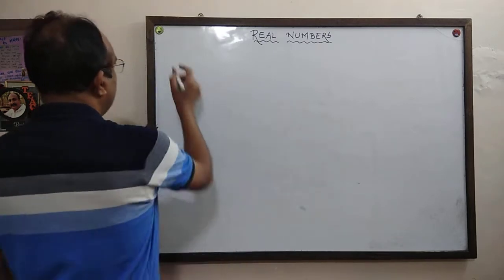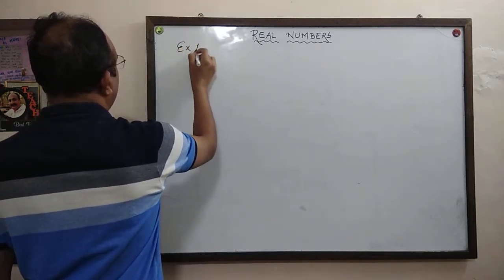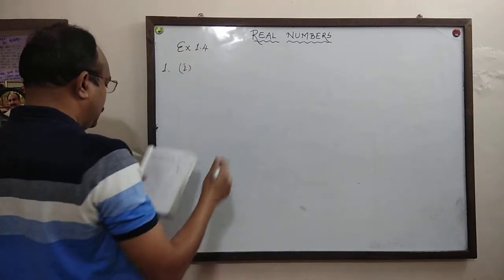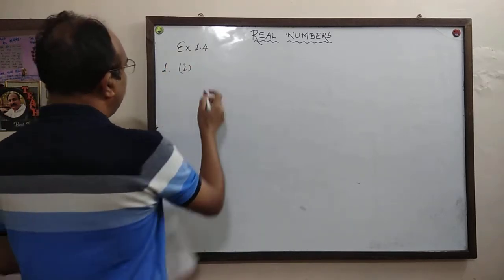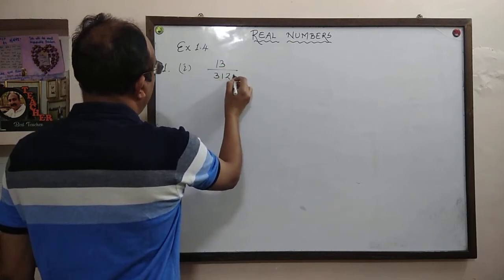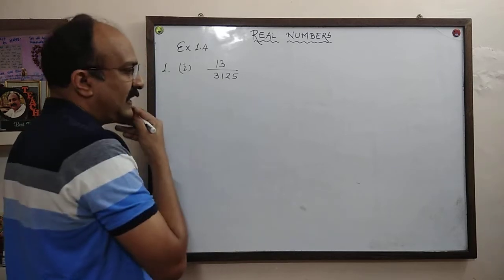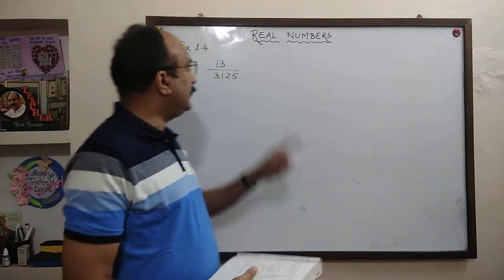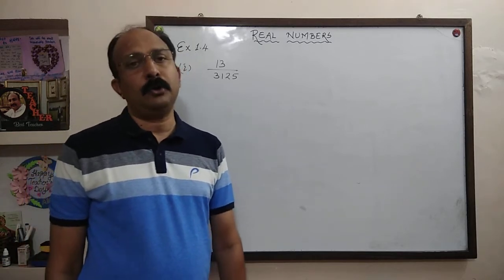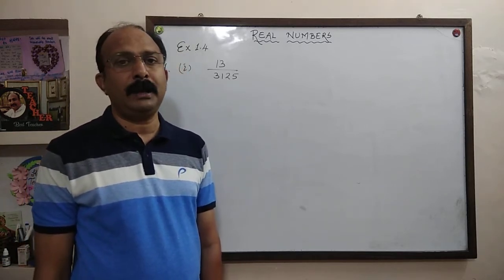So this is exercise 1.4, question number 1, and the first one is 13 upon 3125. First thing is to check whether 13 and 3125 are coprime or not. Are they coprime?